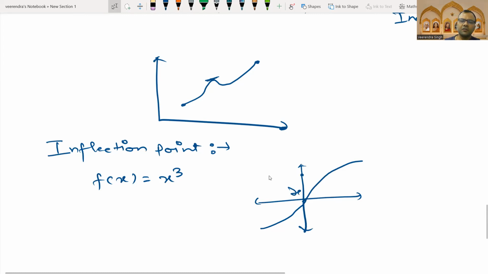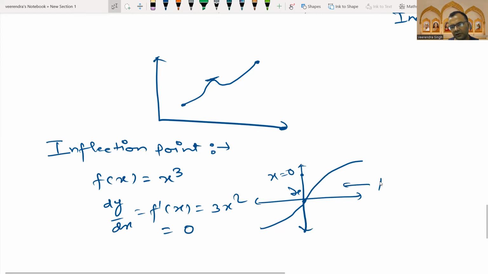So at x equals 0, if I differentiate it, dy by dx equals f dash of x equals 3x square. So we can see at x equals 0, the slope is 0. But the concavity of the curve is changing. So these points are called point of inflection. This point is point of inflection.